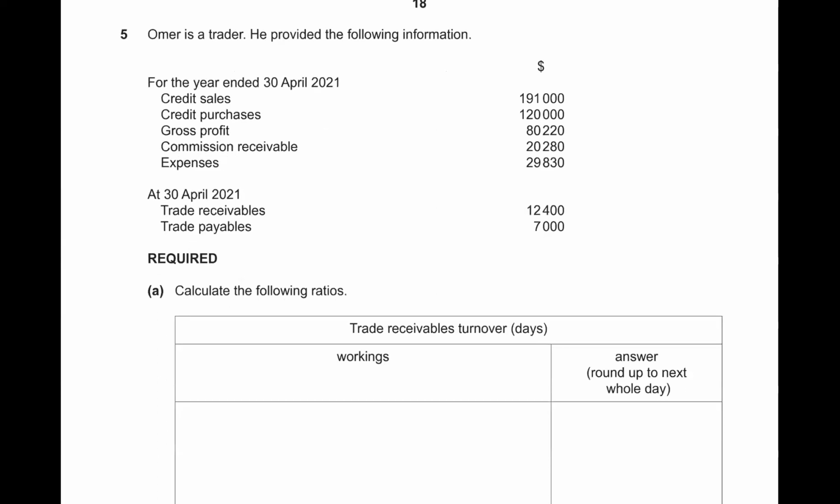We are given the credit sales, the credit purchases, the gross profit, the commission receivable, and the expenses. It asks us to calculate the following ratios.